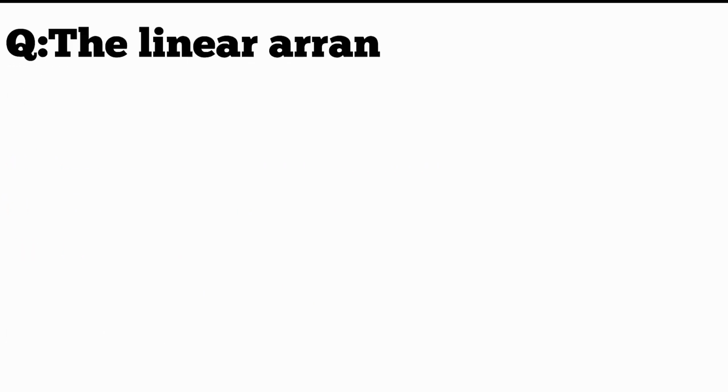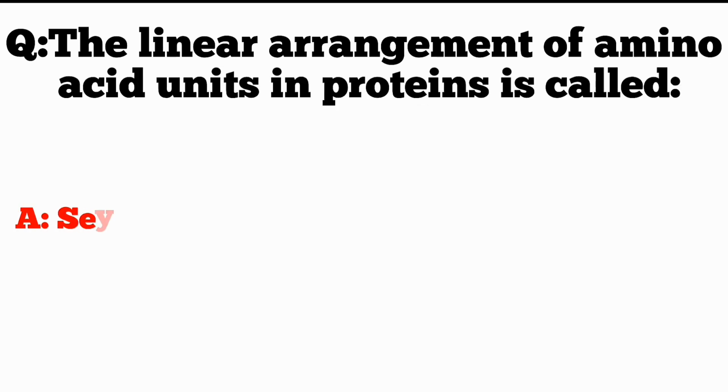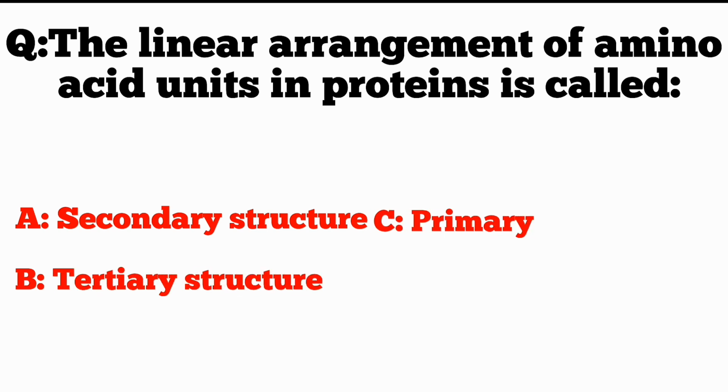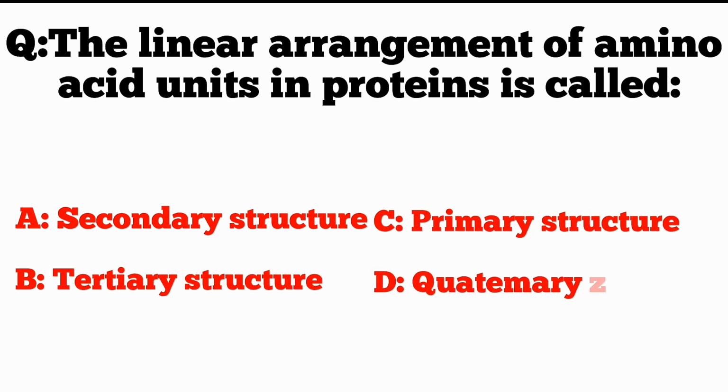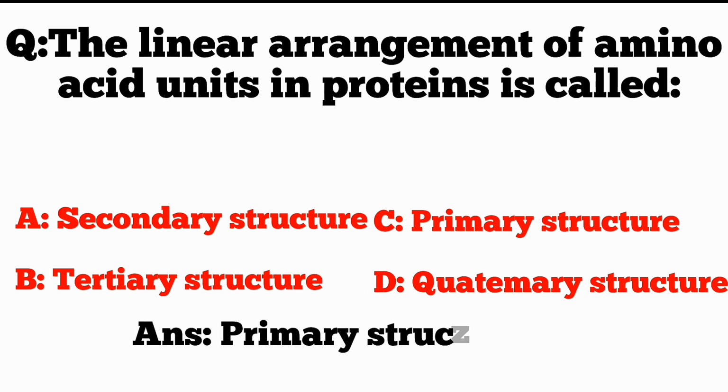Q. The linear arrangement of amino acid units in proteins is called A. Secondary structure. B. Tertiary structure. C. Primary structure. D. Quaternary structure. Answer: Primary structure.